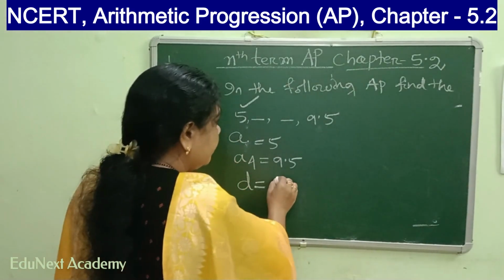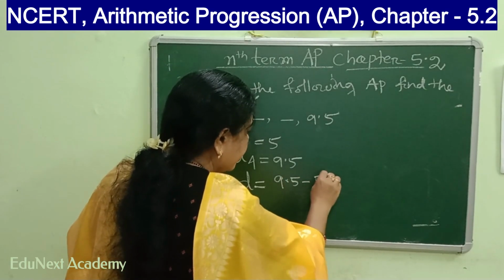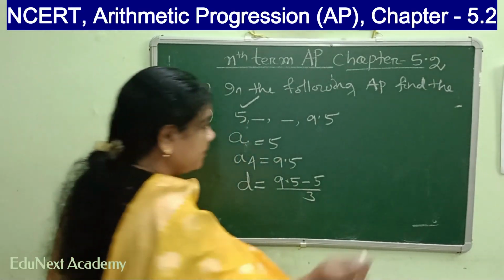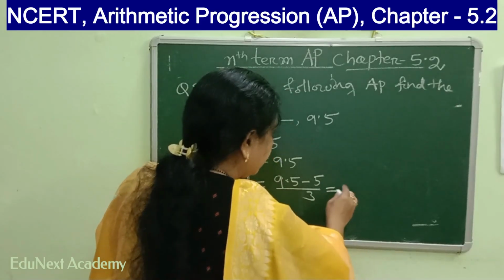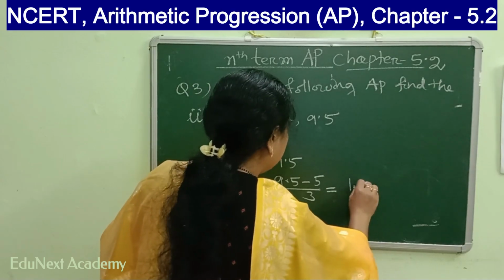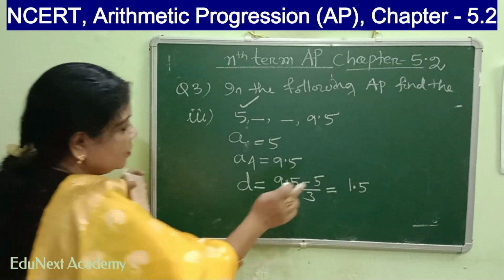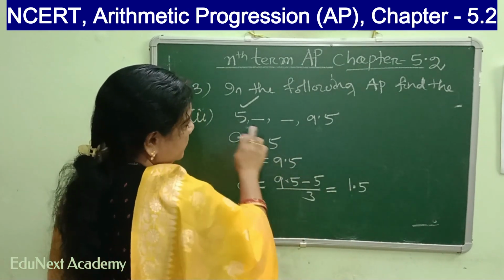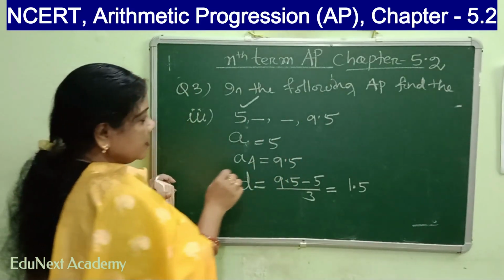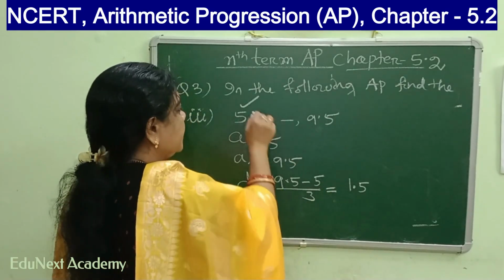So 9.5 minus 5 divided by 3. This is the tricky formula you need to remember. So this is coming as 1.5. Now you see 5 is gradually increasing, so the second one will be 5 plus 1.5, that is 6.5.